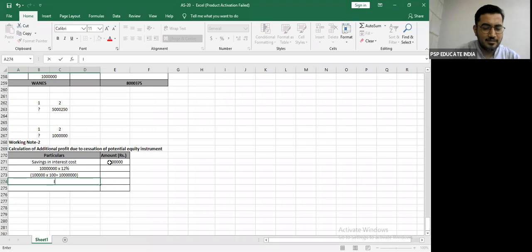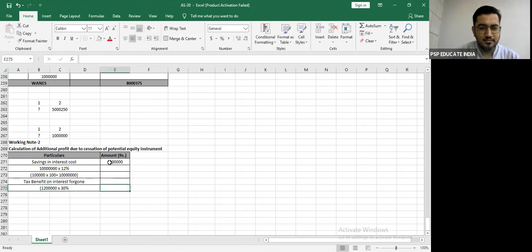So tax benefit on interest foregone will be how much? 12 lakhs into 30%. How much do you get? 3,60,000.